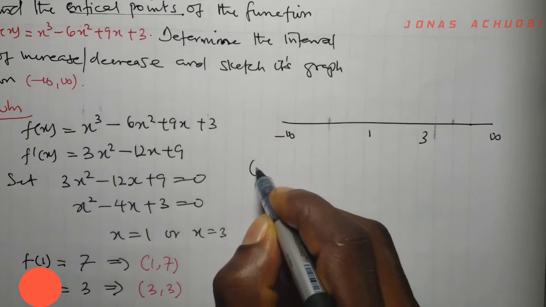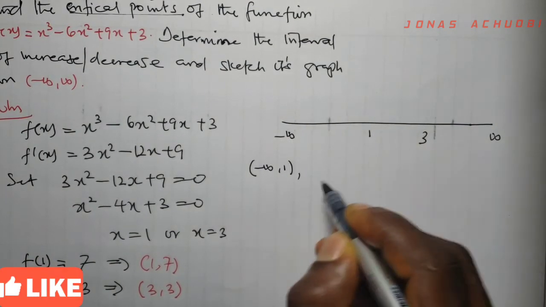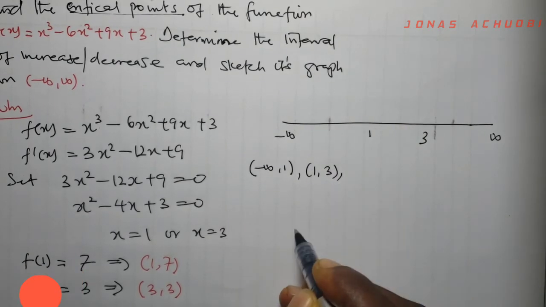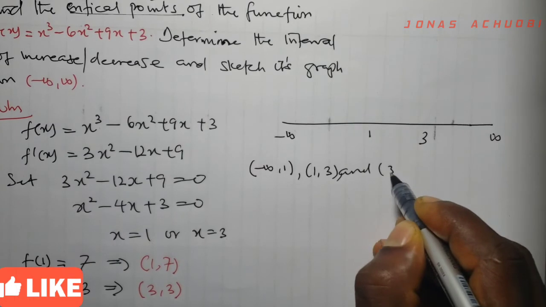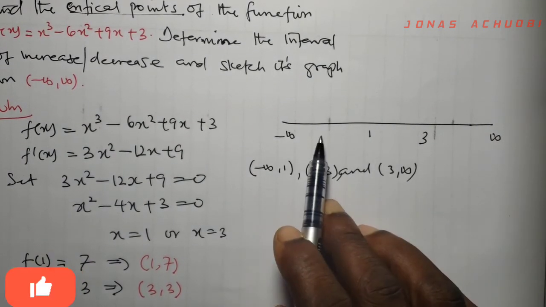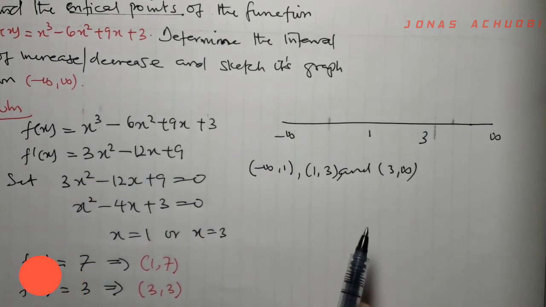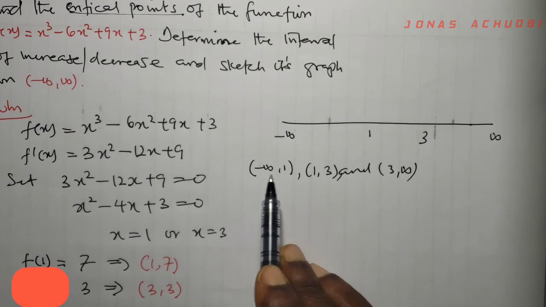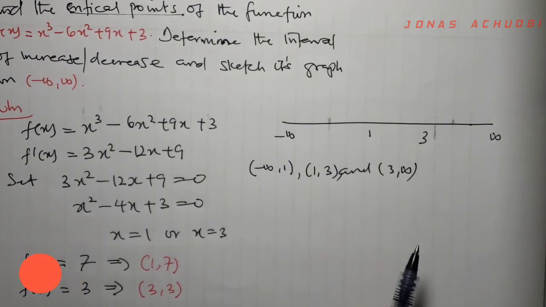The first one being minus infinity to 1, second one being 1 to 3, the third one being 3 to infinity. The next thing we want to do now is to investigate if the function is an increasing one in this interval or decreasing, as well as the other 2 intervals.